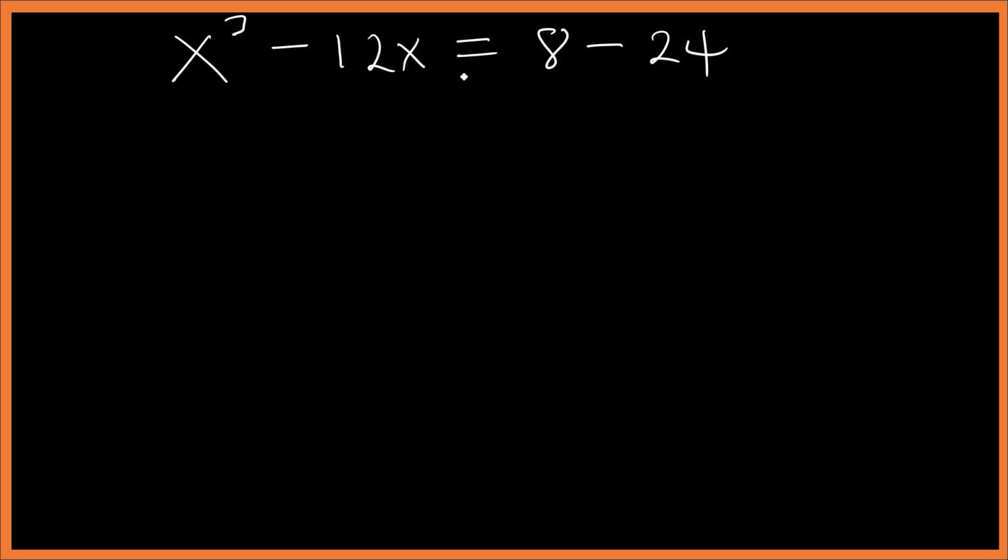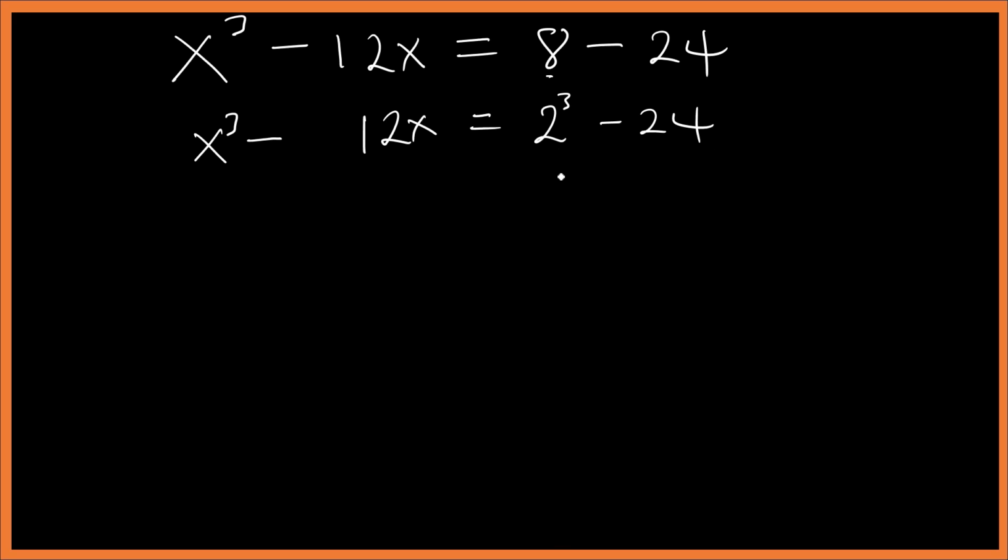Okay, from here we can write 8 as 2 to the power 3. So we can write this one as 2 to the power 3 minus 24. x cubed minus 12x, then we have minus here. Now let's send this one in.